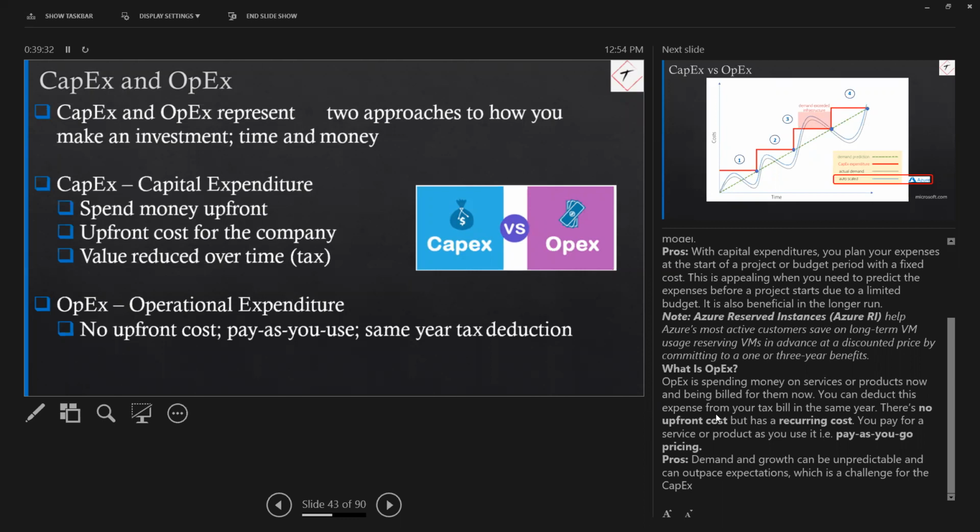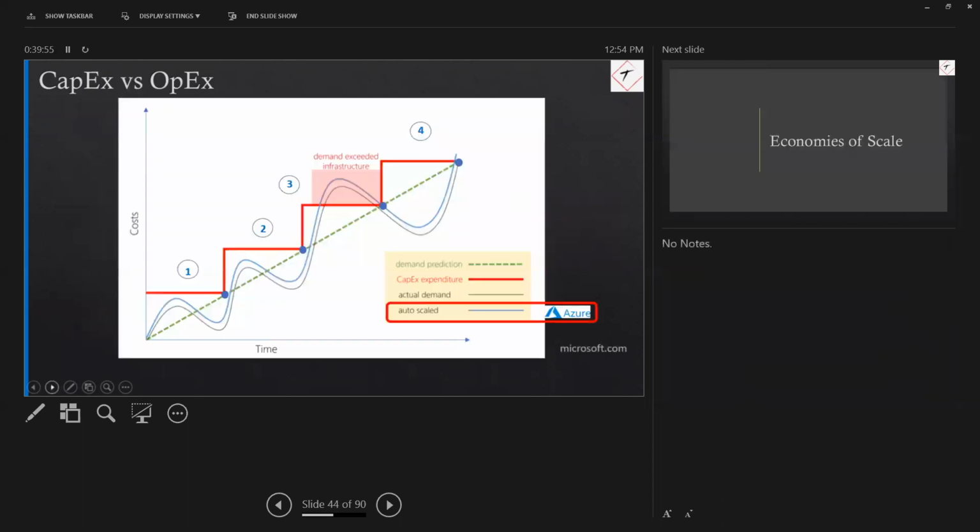The major pro of this is that demand and growth can be unpredictable and outpace expectation, which is a challenge for capital expenditure, where you would have to buy physical hardware, but in operational expenditure, you can quickly deploy resources. So that is a key benefit.